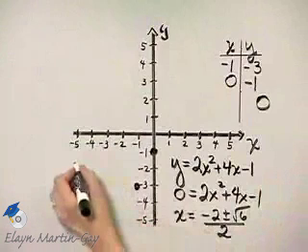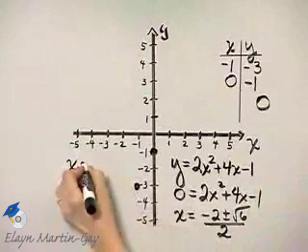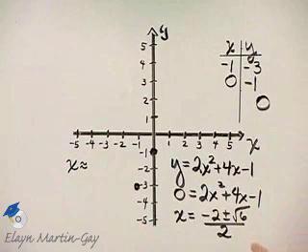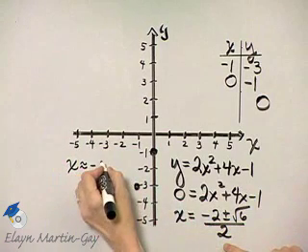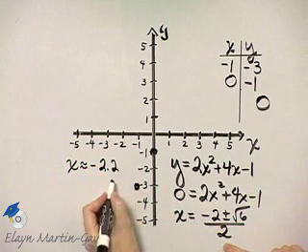Now I would do an approximation so you can see about where to graph. If you say negative 2 minus square root of 6 all over 2, and if you plug that into your calculator, you'll get approximately negative 2 and 2/10.